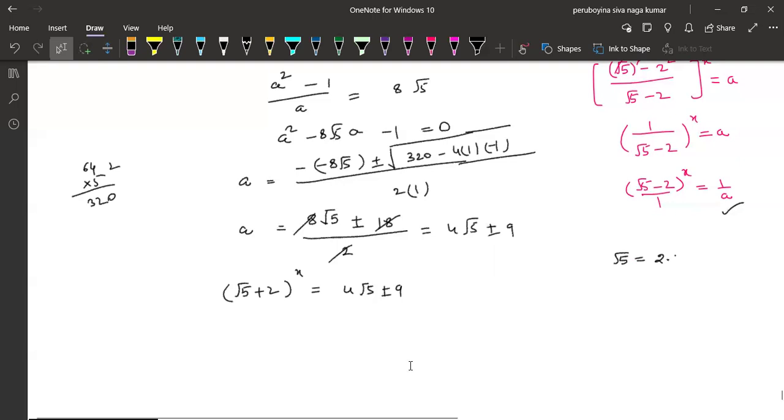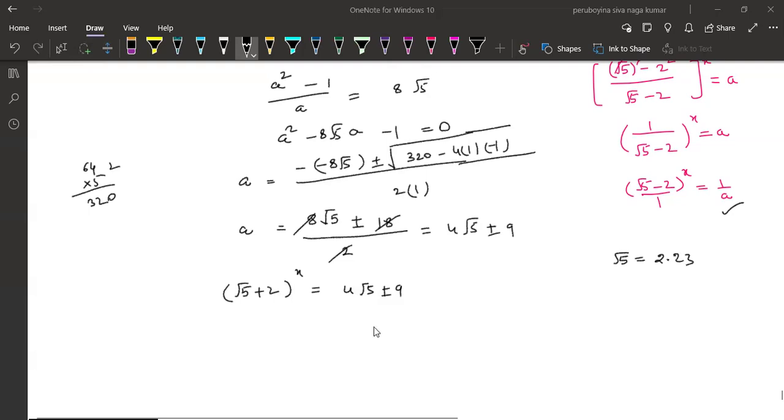We will check what's this value. Root 5 is 2.23, and it is multiplied by 4. It will be 8.9 something. So only plus 9 is valid, not minus 9.